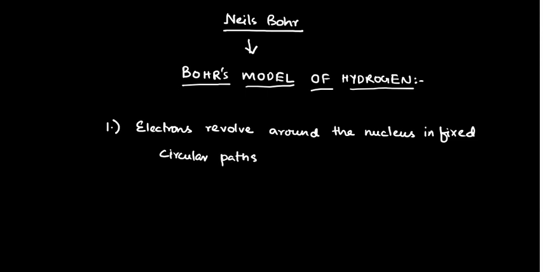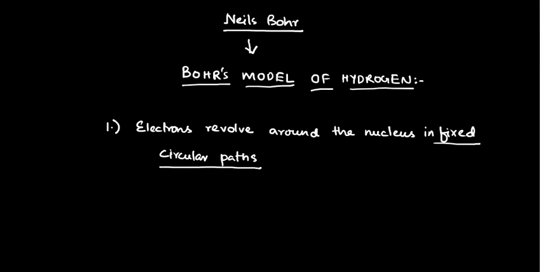Okay, so here this is the important thing, fixed circular paths. And this was the very first step to explain the stability of an atom, which was a major drawback in Rutherford's model, right?